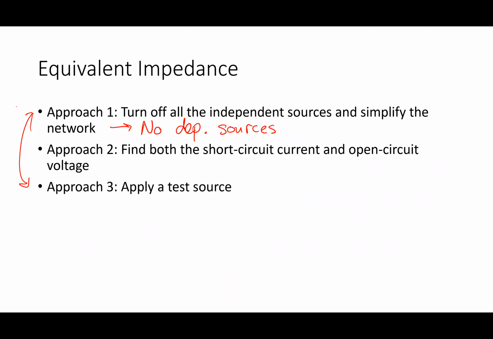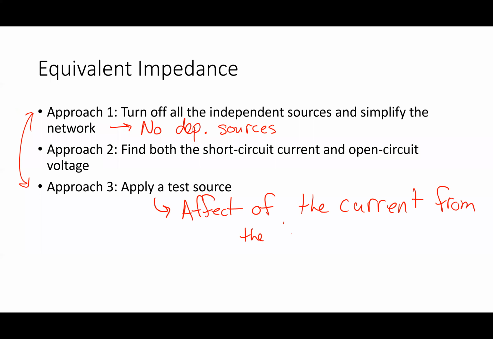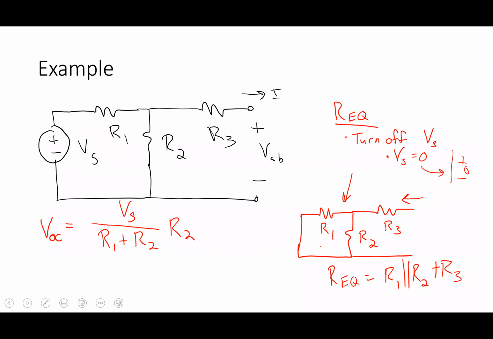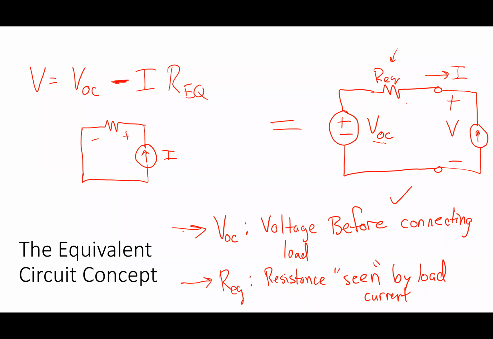Okay. So if there is a dependent source, we can't turn off everything. We'll get to that question. When I apply a test source, I am only trying to see the effect of the current from the load. This is maybe the important point. The equivalent resistance we see is the effect of a load current.